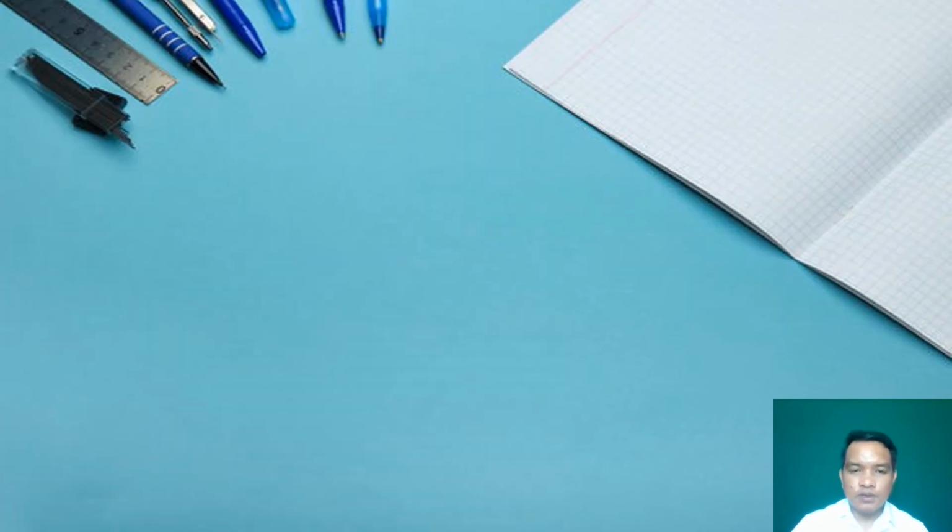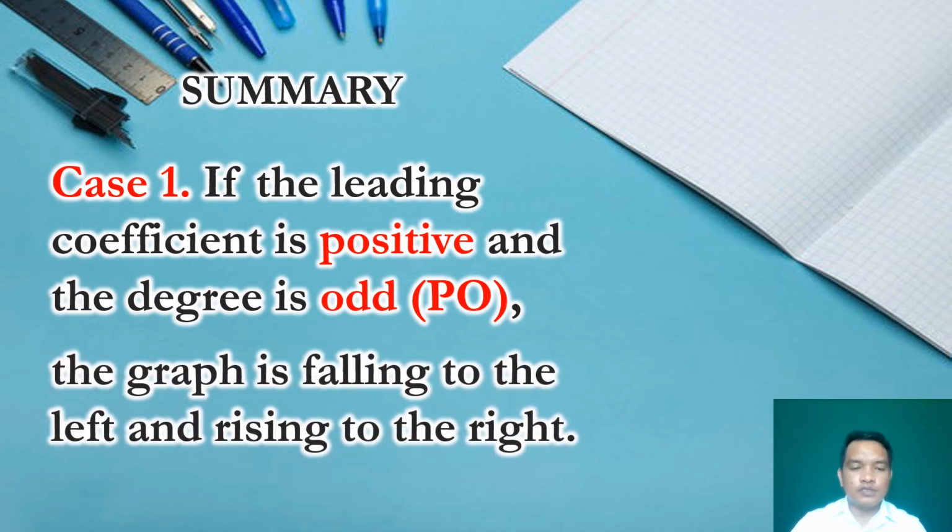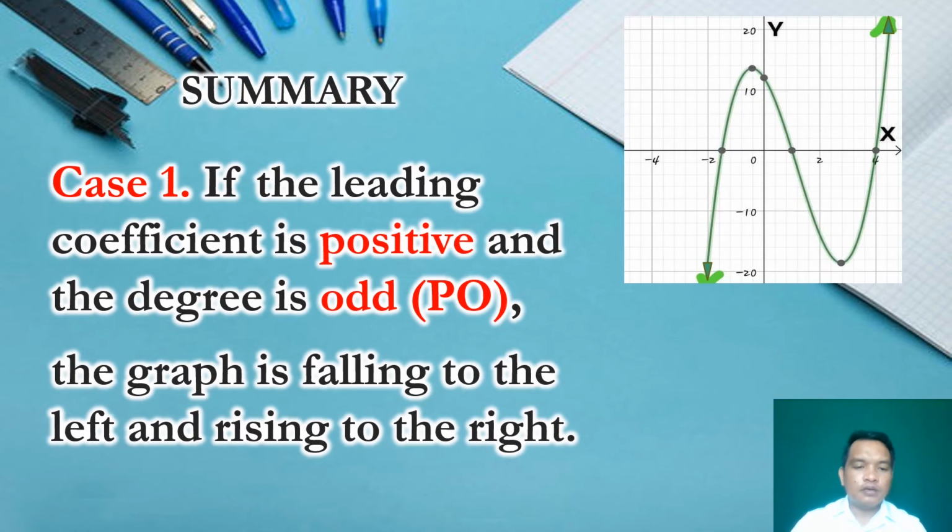So based on the activities, let's summarize. In case 1, if the leading coefficient is positive and the degree is odd, or PO, the graph is falling to the left and rising to the right, like this picture or graph.